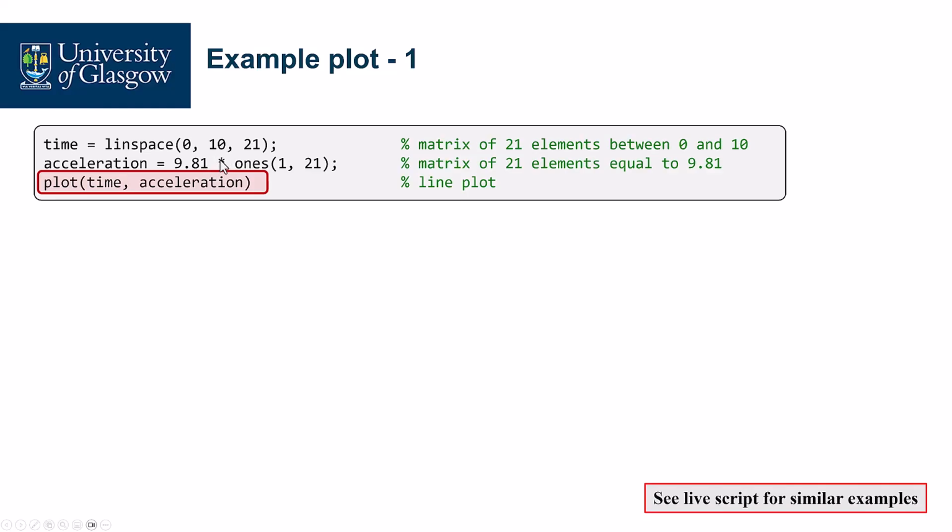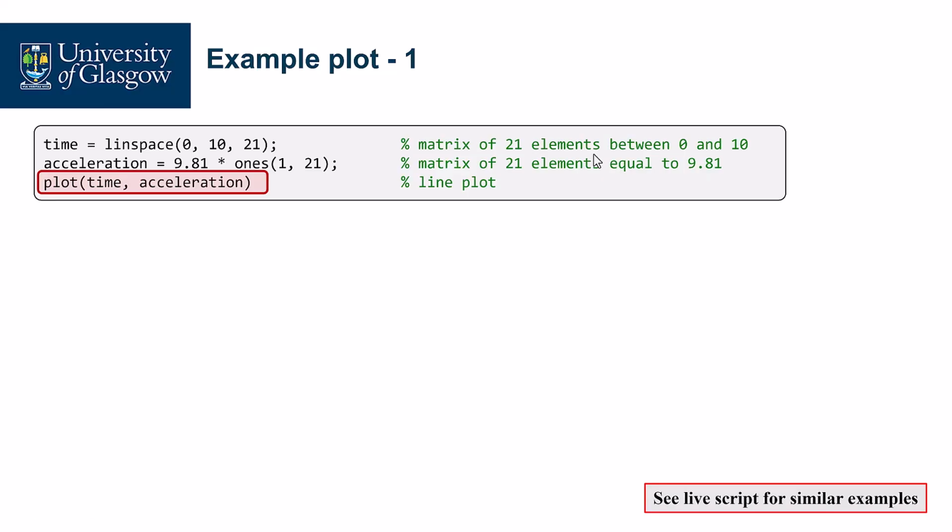Here we can use a multiply or a dot multiply. This doesn't matter because this is a scalar and this is a vector. Anyway, this will be multiplied to each element. So we can see the time and acceleration are of the same size, right? 21 elements, a 1 by 21 matrix.